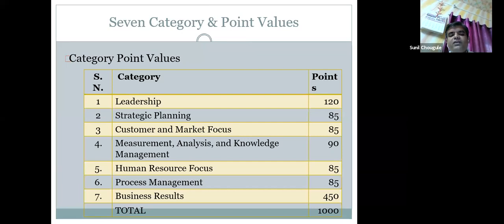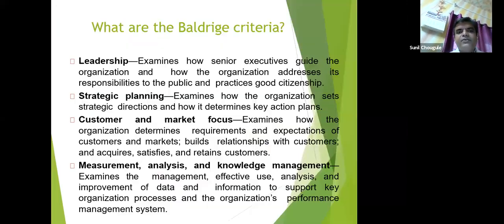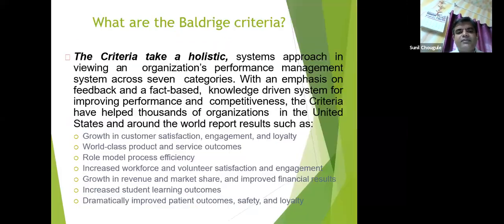The highest points are with business results, 450. I am stopping here so that we can have one review of all the processes of the Baldrige criteria. With these 7 criteria, Baldrige in performance management has certain similarities with the balanced scorecard.